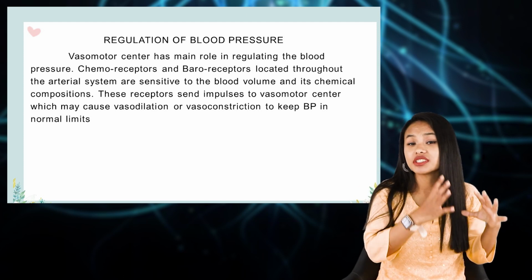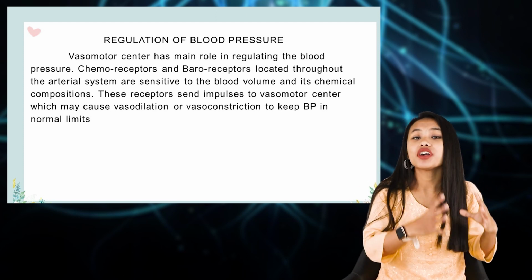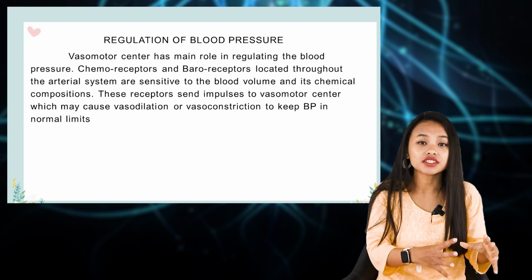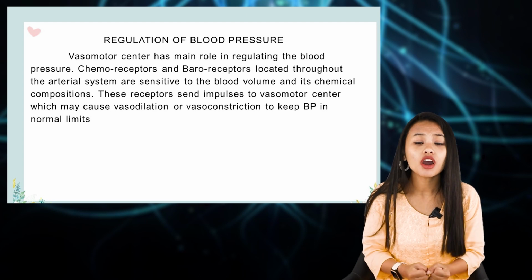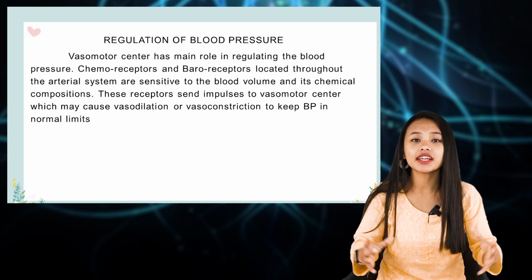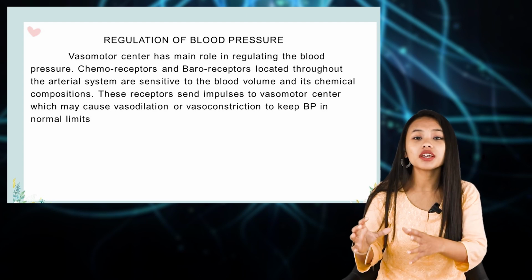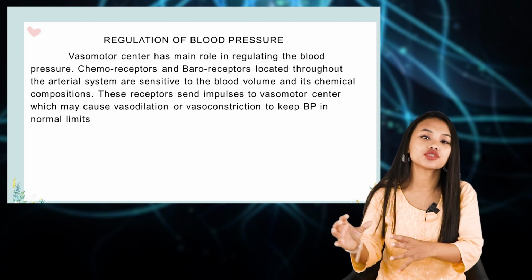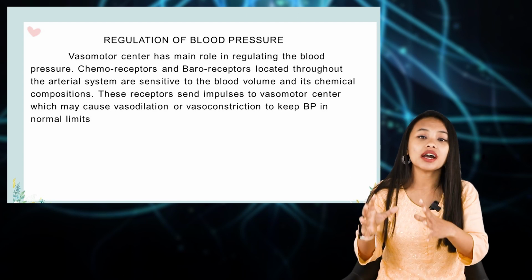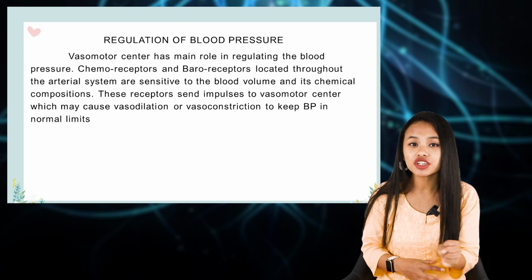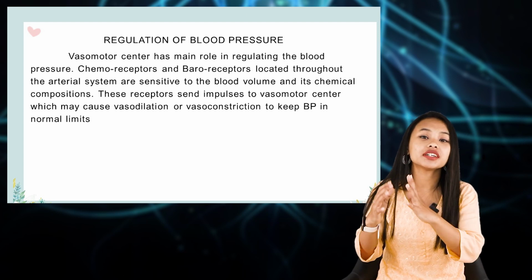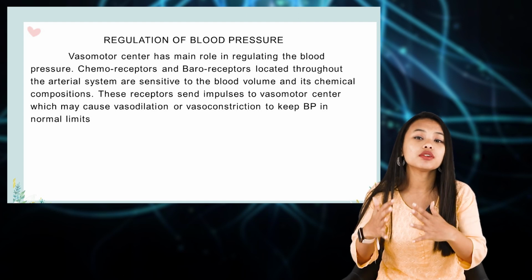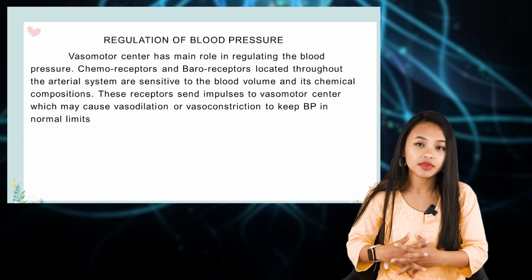They will send impulses to the vasomotor centers in order to vasoconstrict or vasodilate, to keep the blood pressure of an individual in a normal limit. If there is vasoconstriction, there will be increased blood pressure. However, if there is vasodilation, then it will lead to a decreased blood pressure.